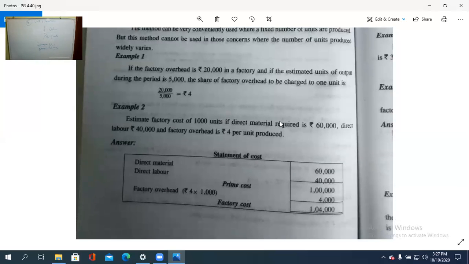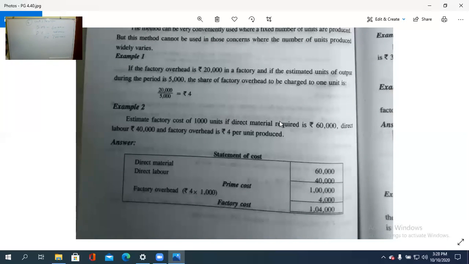Then see, the estimated factory cost of 1,000 units if the direct material is 60,000 and the labor cost is 40,000. Not labor hours, labor cost. So how is it? Direct material and direct labor, how much is it? 60 and 40. So 1 lakh is the prime cost. Then factory overhead is rupees 4 per unit.